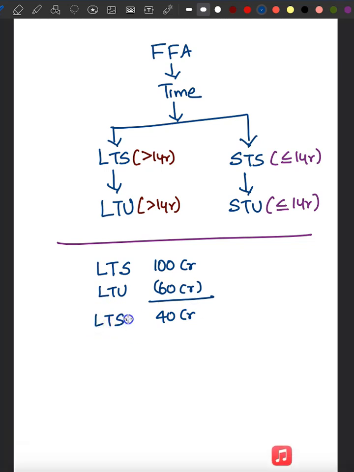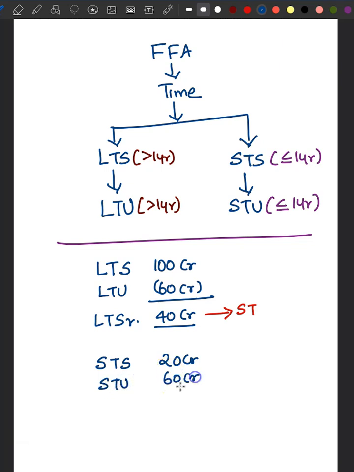This is long-term surplus. So they can use this long-term surplus for supporting any requirement that can arise in the short term. Let's say, for example, the same entity is raising short-term sources of 20 crore, but on the short-term usage side, their requirement is 60 crore. It means they are facing a shortage of 40 crore.